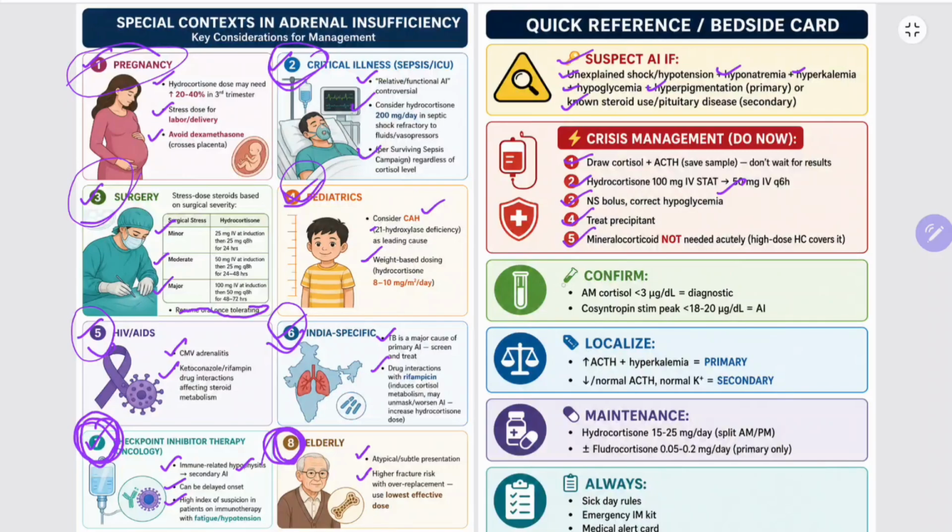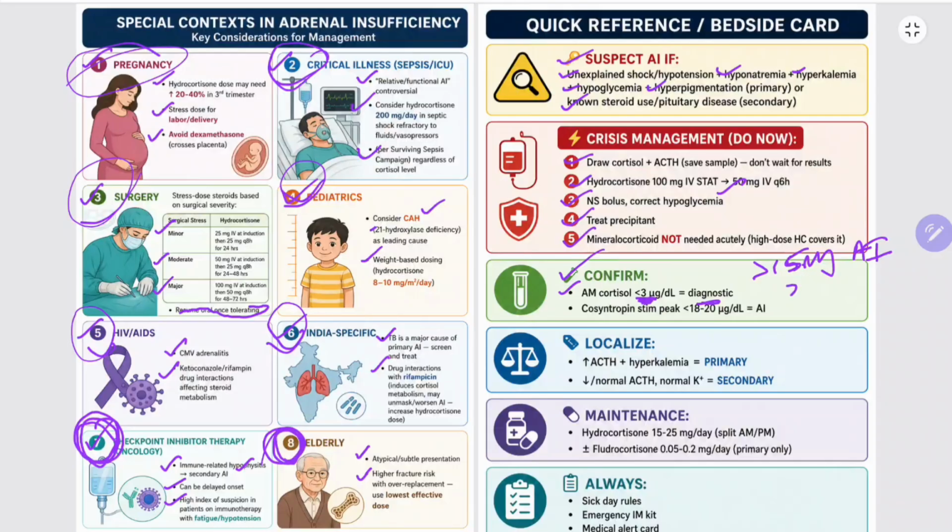Then once stable, or if a patient is coming with chronic AI, confirm with AM cortisol. If it is less than 3 microgram per deciliter, then it is diagnostic. If the AM cortisol is more than 15 microgram, then adrenal insufficiency is ruled out.